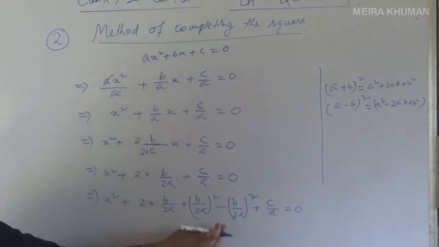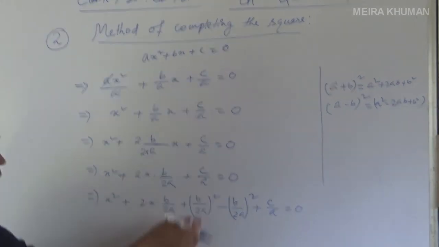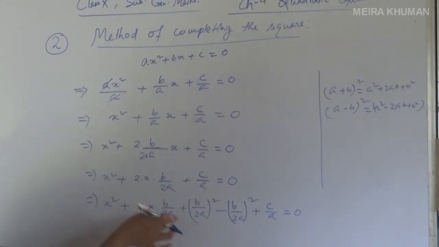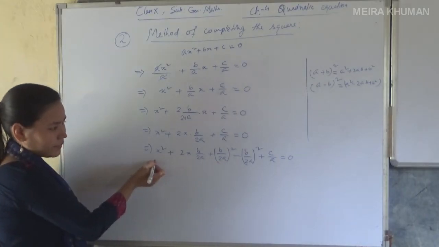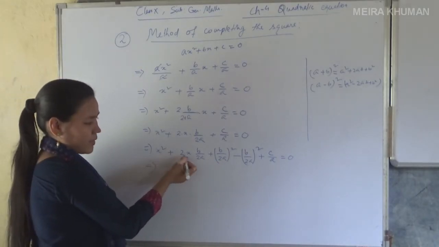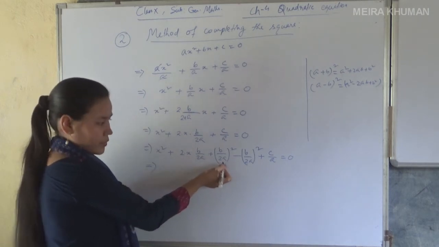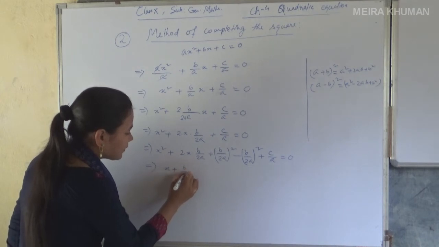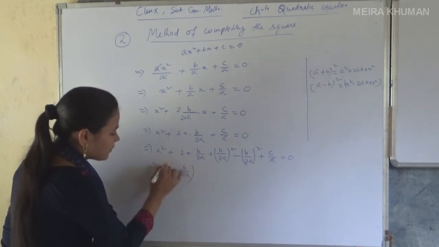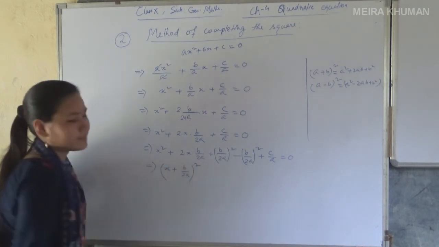Why are you adding and here subtracting? Because you should make it in terms of the (a + b) whole square form, a² + 2ab + b². So in this case you can write (x + b/2a) whole square.